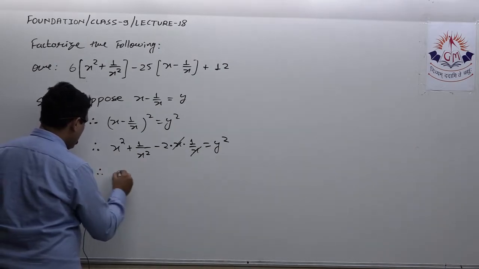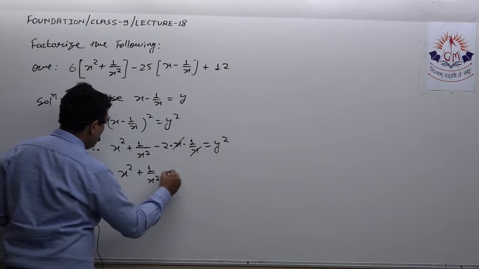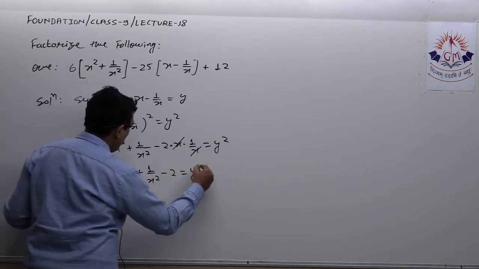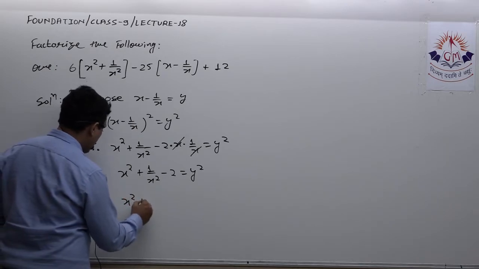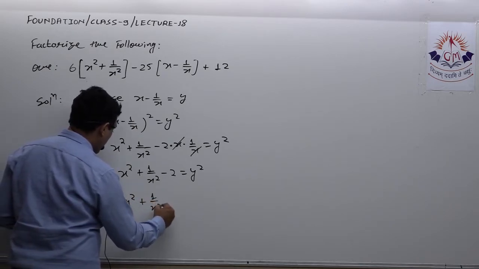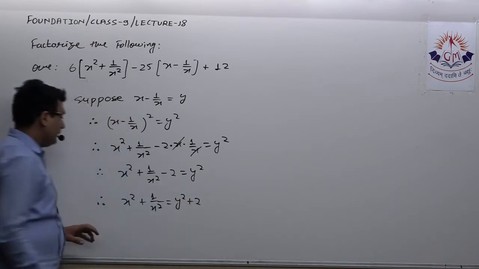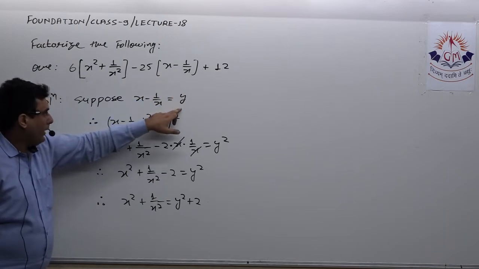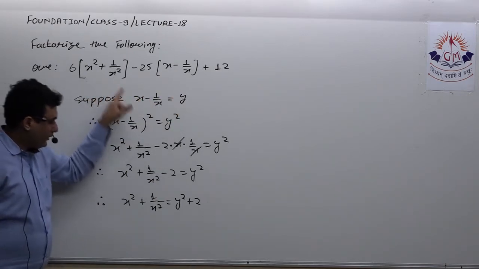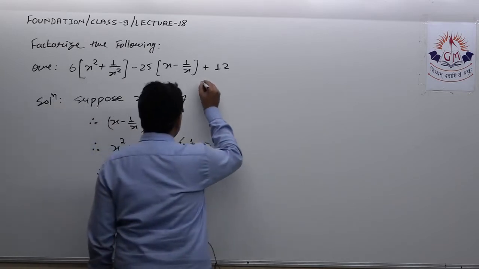So ultimately I will get x² + 1/x² = y² + 2.